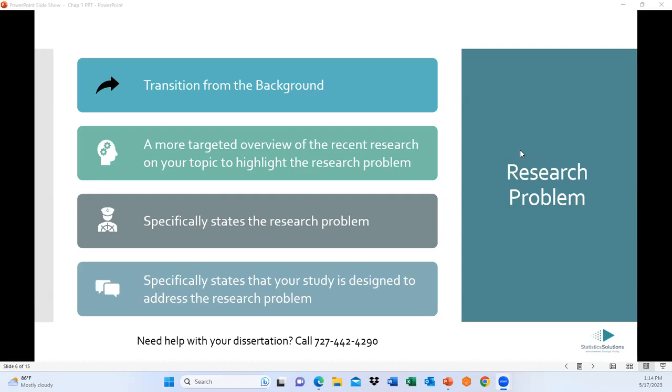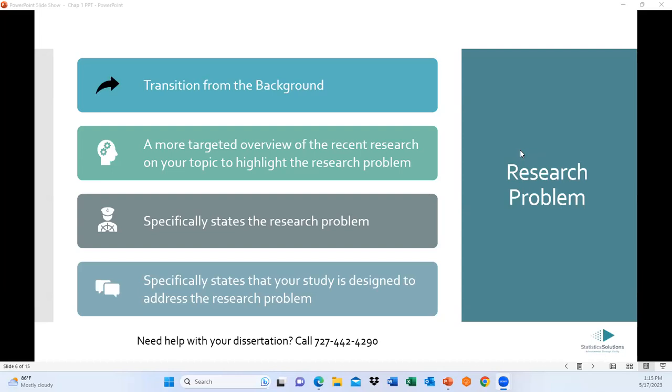So hence, your study is designed to address that by conducting a qualitative study, or it could be the reverse. We have lots of qualitative research and we don't have much quantitative research confirming the relationship between factors or something. So the research problem can be a different type of problem. Sometimes it's a gap in the research, and a lot of people seem to gravitate toward this one because it's easier to understand and identify.